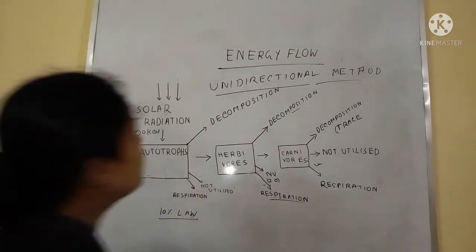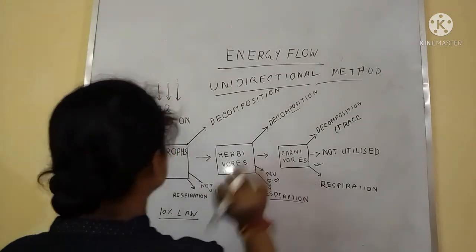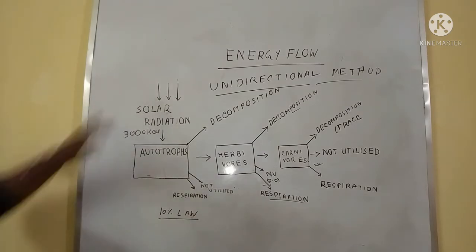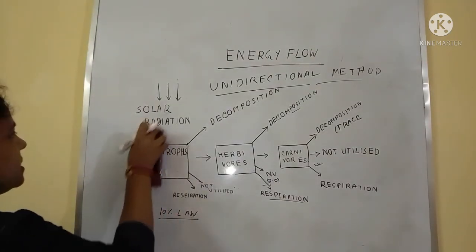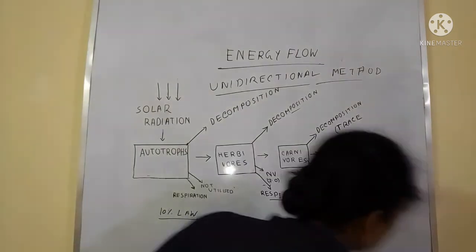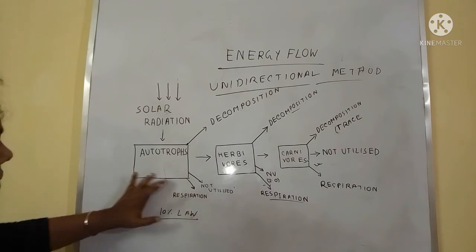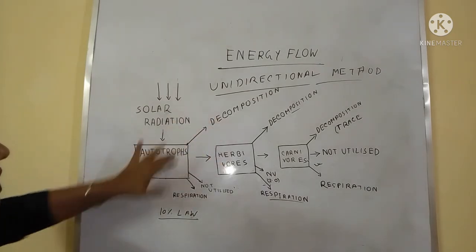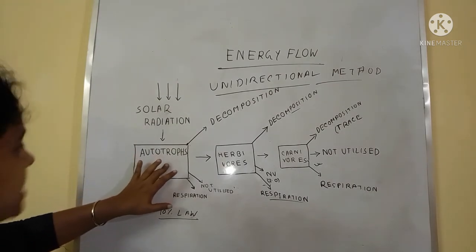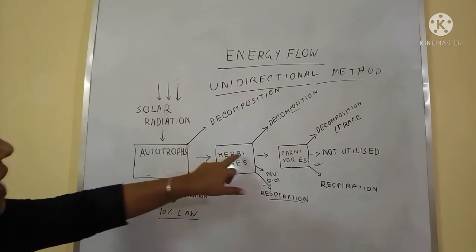Now I will explain how the energy flows from the autotrophs to the carnivores. First of all, from the solar radiation, very little energy is taken by the autotrophs, and after respiration and decomposition, a little amount of energy remains, and that is transferred to the herbivores.